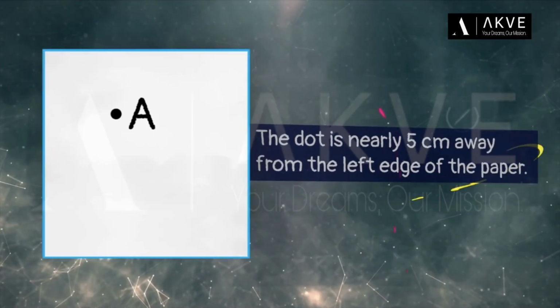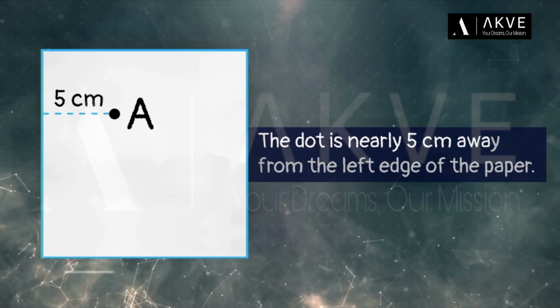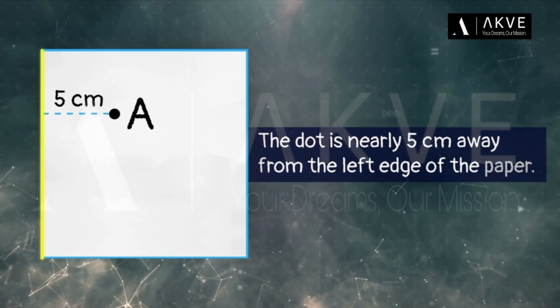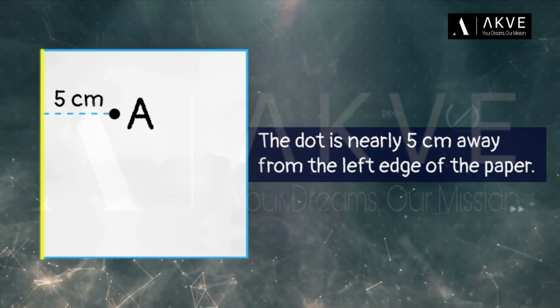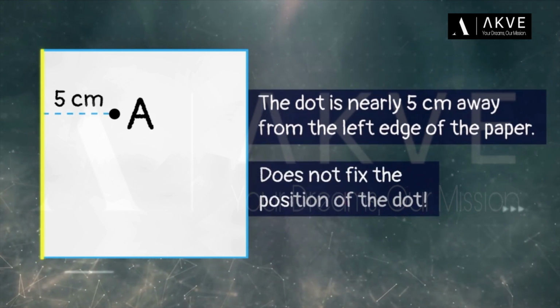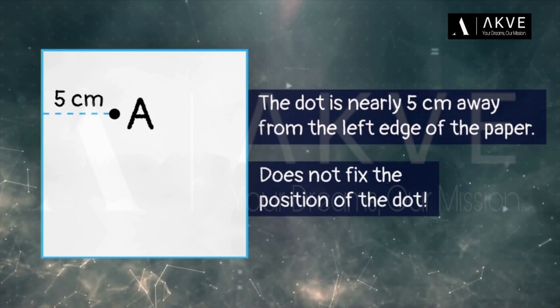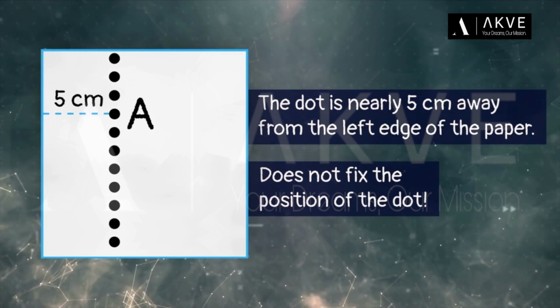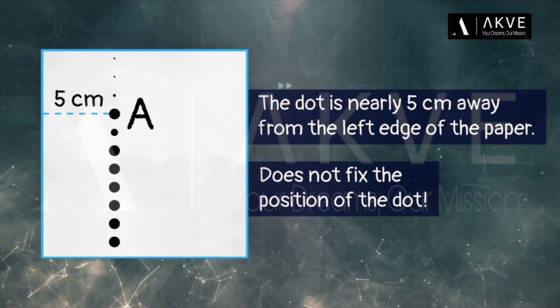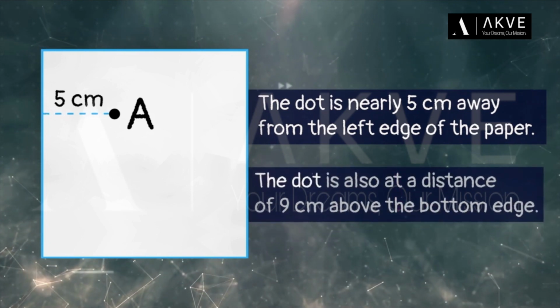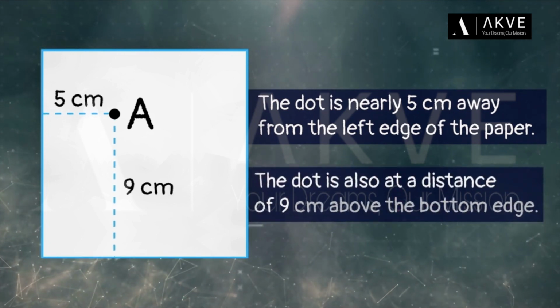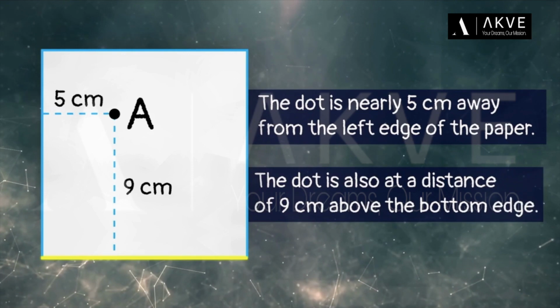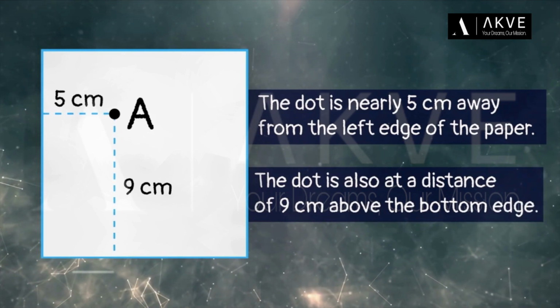But if you say the dot is nearly 5 centimeters away from the left edge of the paper, it helps to give some idea but still does not fix the position of the dot, because still there can be many dots just 5 centimeters away from the left edge of the paper. But if you mention that the dot is also at a distance of 9 centimeters above the bottom edge, we will know where the dot exactly is.